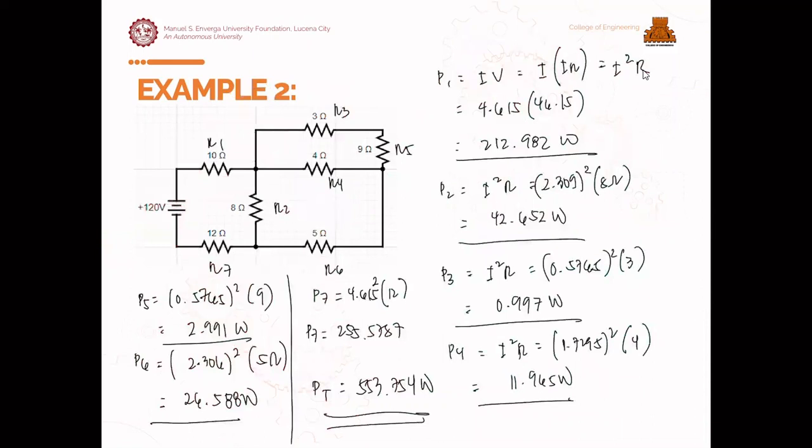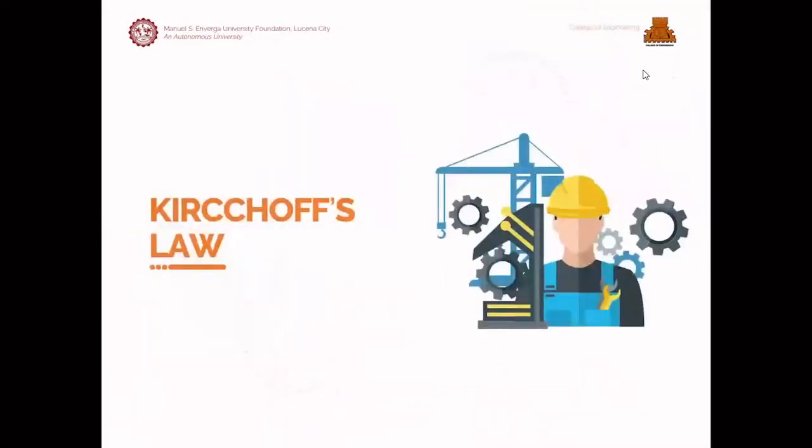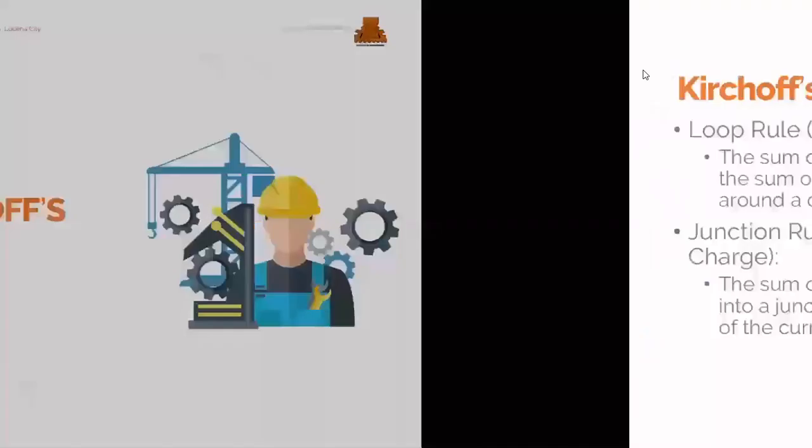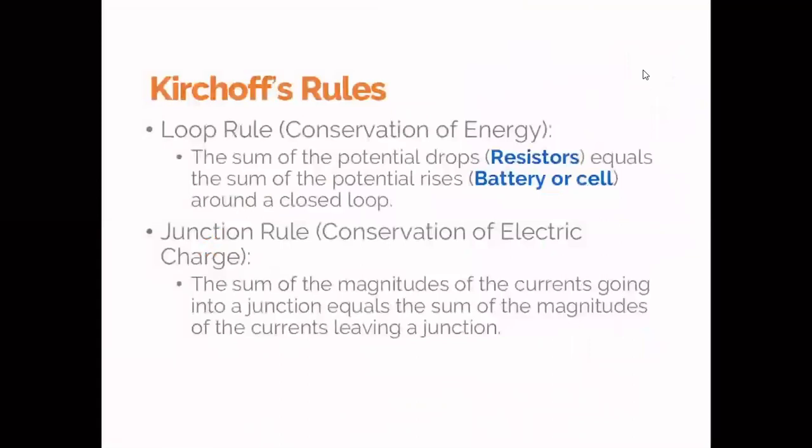Okay? Now, we will try to solve or introduce muna yung Kirchhoff's law. Okay? Or sa ibang textbook, Kirchhoff's rule. Ang sinasabi lang niya is meron siyang dalawa. Loop rule, sabihin, conservation of energy.